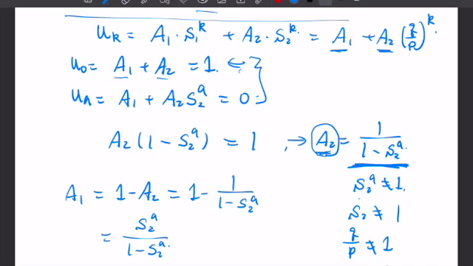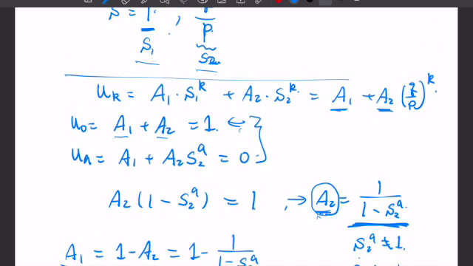So substitute these values of a1 and a2 back into the general solution.